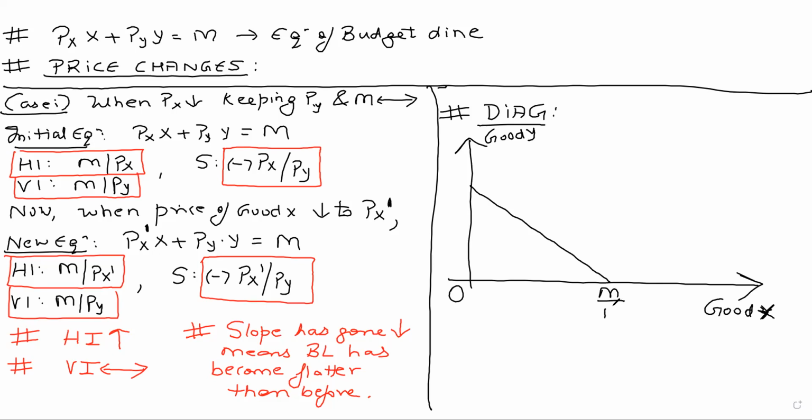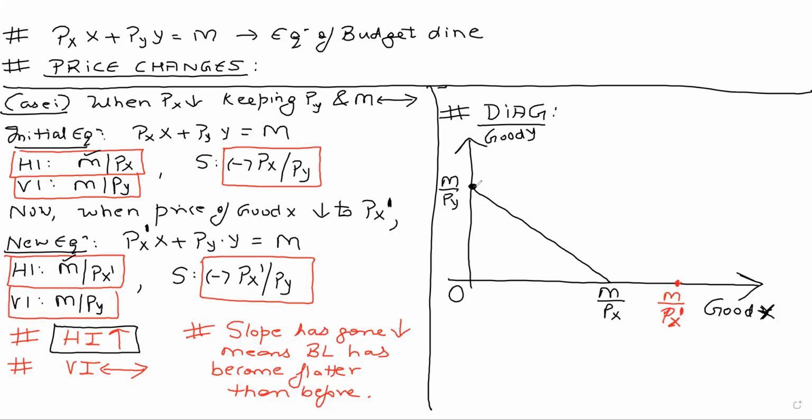Horizontal intercept m by px, vertical intercept m by py. Okay, you can see guys, your vertical intercept is the same, but your horizontal intercept has gone up, because for the same numerator you can see denominator has fallen from px to px dash. A fall in denominator given the same numerator causes the whole term to go up. So my horizontal intercept now becomes m upon px dash.